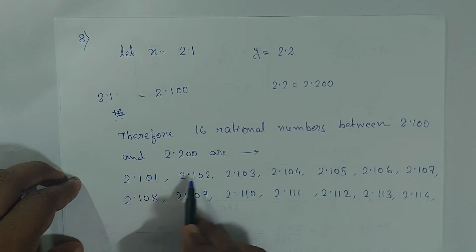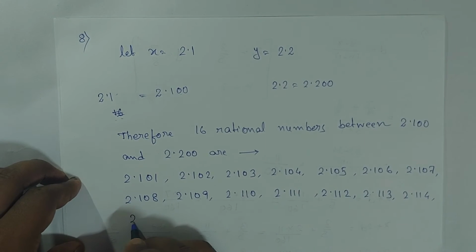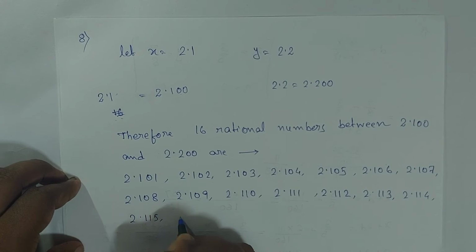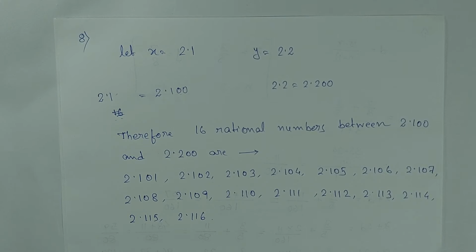How many are there? 1, 2, 3, 4, 5, 6, 7, 8, 9, 10, 11, 12, 13, 14. 14 are there. So these are the 16 rational numbers. This is our answer.